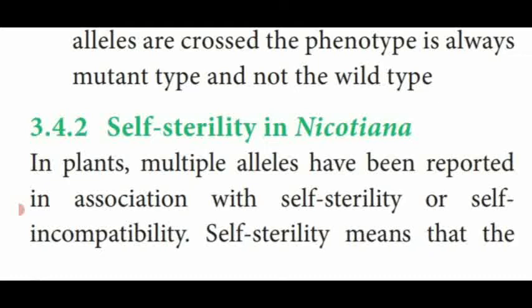Self-sterility in Nicotiana. So Nicotiana tabacum means tobacco plants. The binomial name is Nicotiana tabacum. So these plants are showing self-sterility. How is the self-sterility seen in Nicotiana? It is due to the multiple alleles located on a single gene of the same locus on homologous chromosomes.